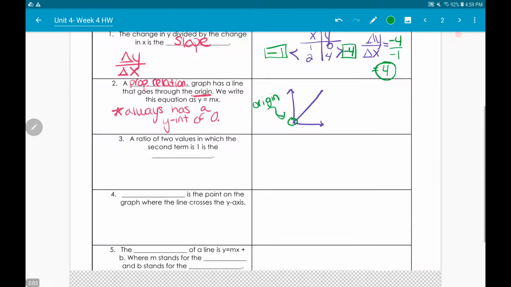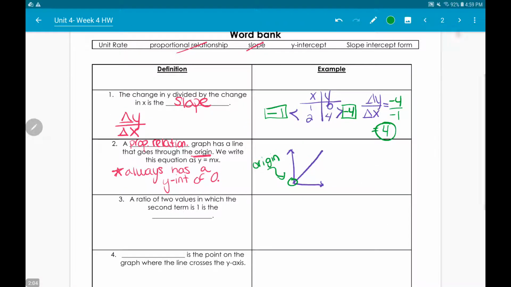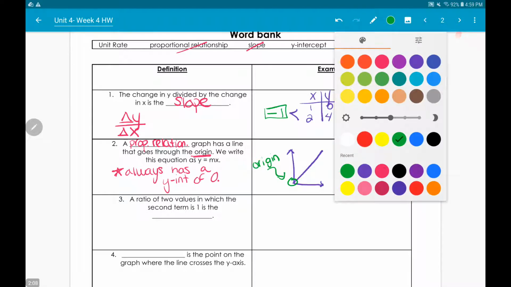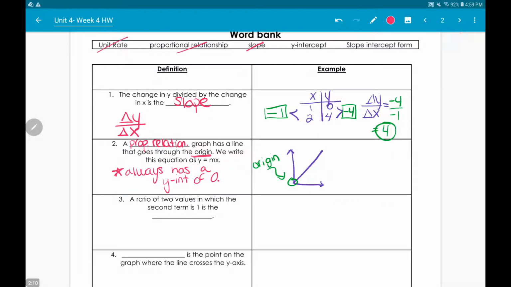All right. Number 3, a ratio of two values in which the second term is 1. That is what we did in the beginning of the unit, and that is called unit rate.